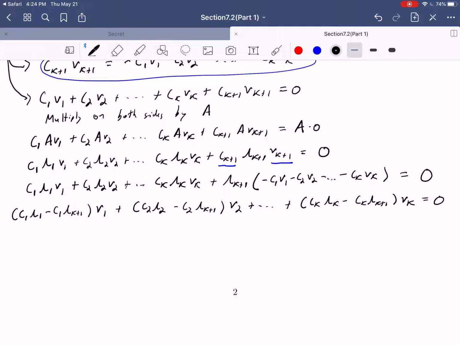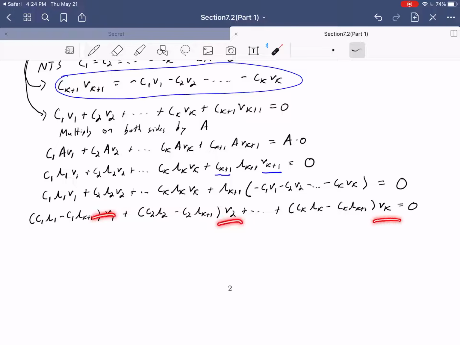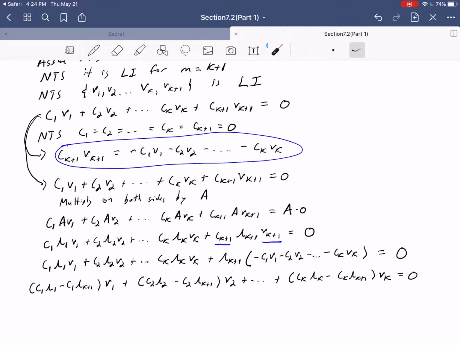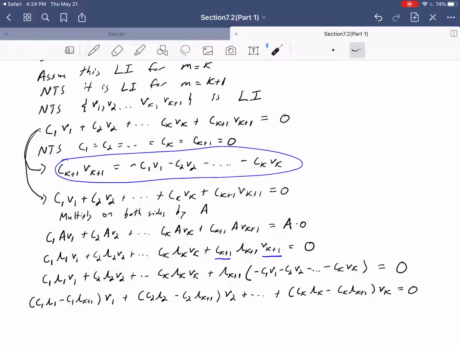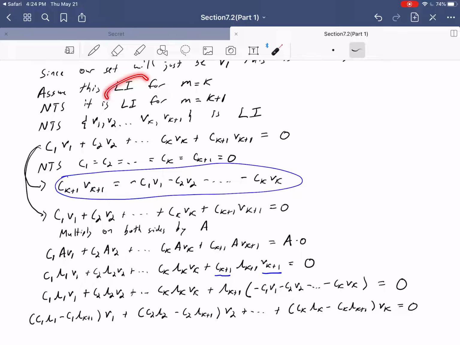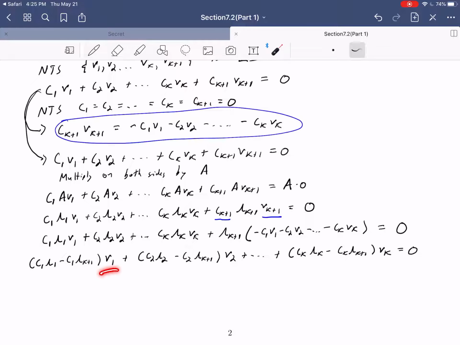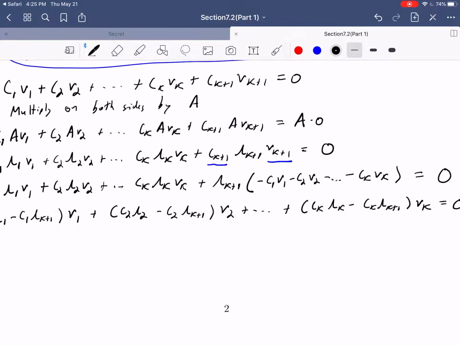Okay. But now, remember that v1, v2 through vk, we said we're going to assume that they are linearly independent when m equals k. So in other words, we're assuming they are linearly independent when you have v1, v2 through vk. So since this equation is equal to 0, that means each of these constants must be equal to 0 by the definition of linearly independent.